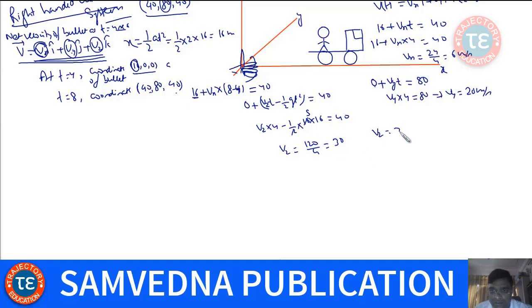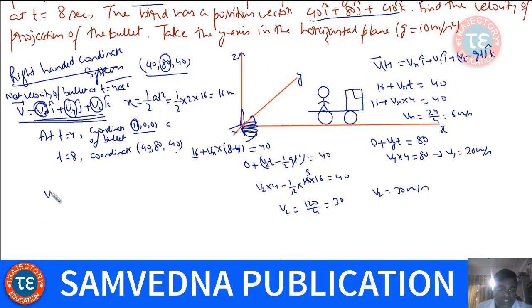So Vz is 30 meter per second. So your velocity of projection is Vx is 6 meter per second, Vy is 20, and Vz is 30.